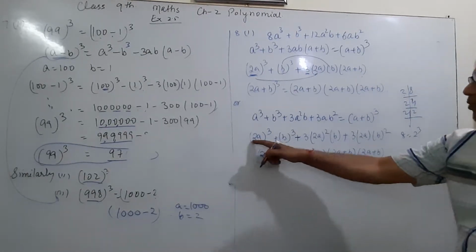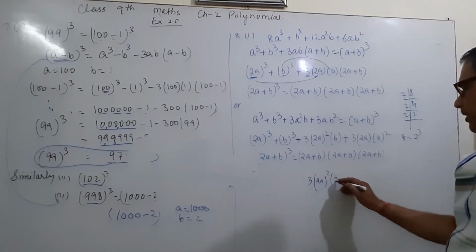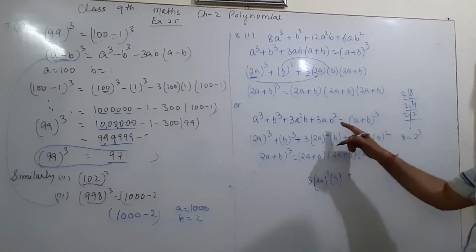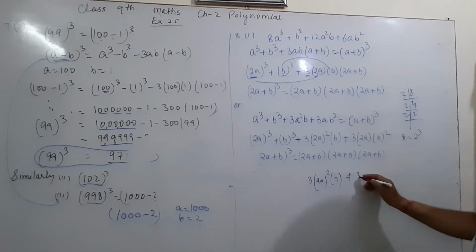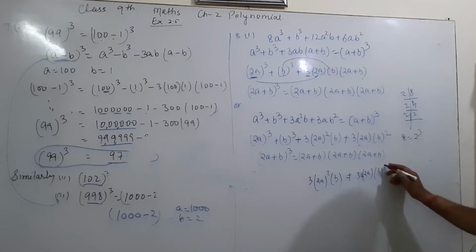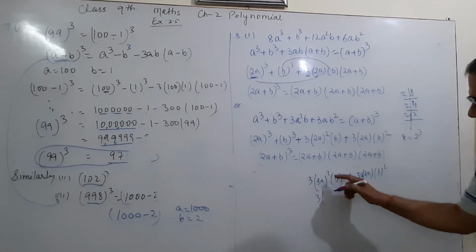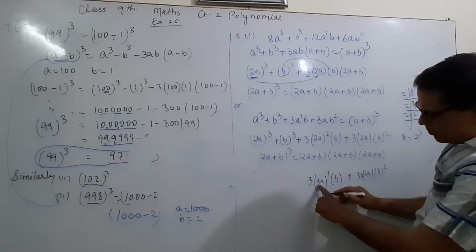Here is a cube plus b cube plus 3a square, 2a square into b, plus 3ab square plus 3a. What is a? 2a. What is b? B square. And now when we open the bracket, 3 square of 2 square is 4.